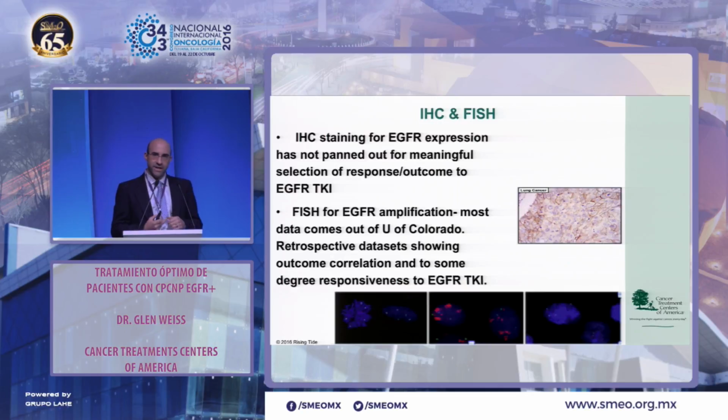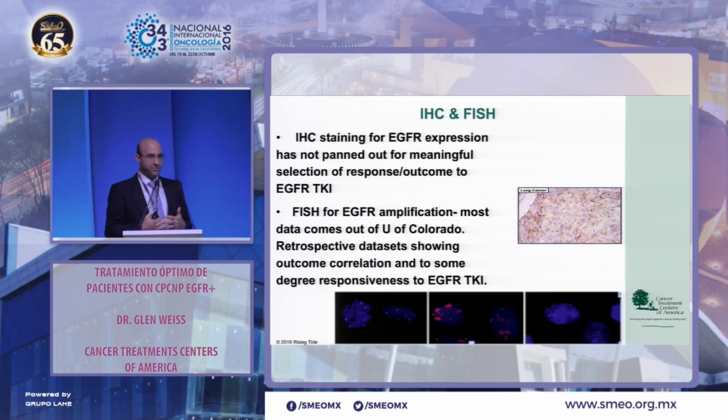And initially, when researchers and clinicians were trying to identify those who may be best suited for EGFR-directed therapy, immunohistochemistry was first used. It turns out that in lung cancer, this is not a very successful strategy, especially when we're talking about EGFR TKIs.